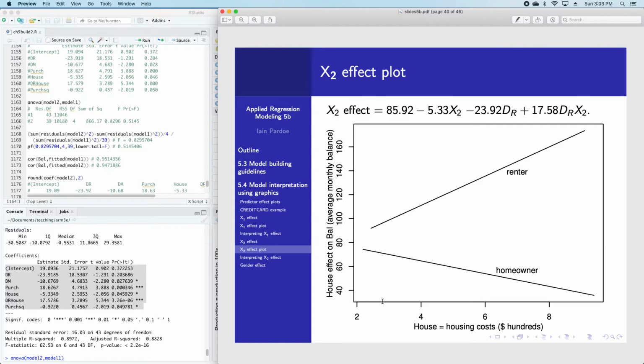Who knows? I'm speculating, but that's something that this kind of plot allows you to do. It shows you what the model is doing, and then you can investigate, or it might raise questions about how you can explain the story that's in the graph.